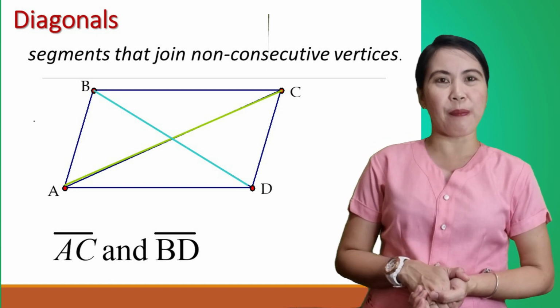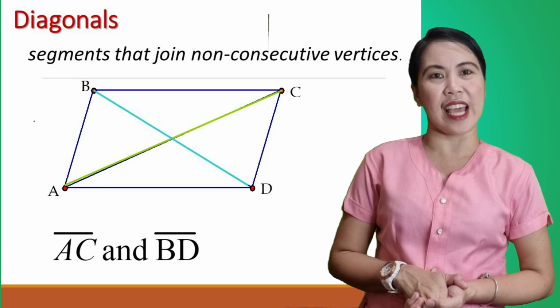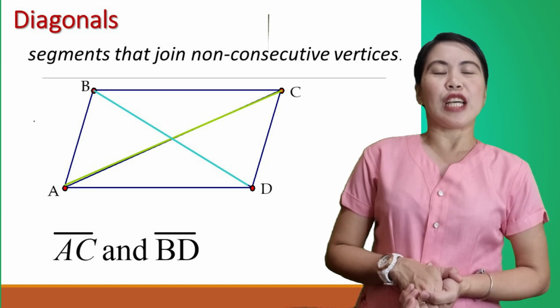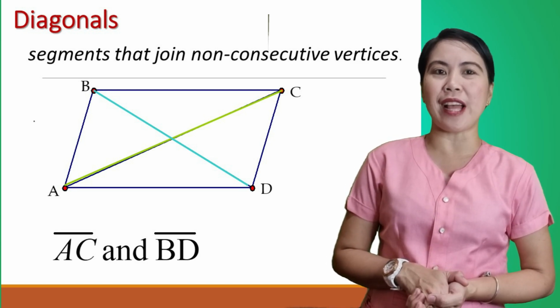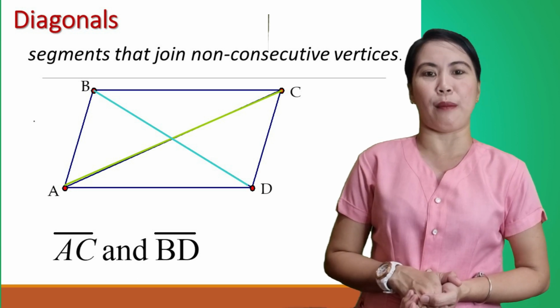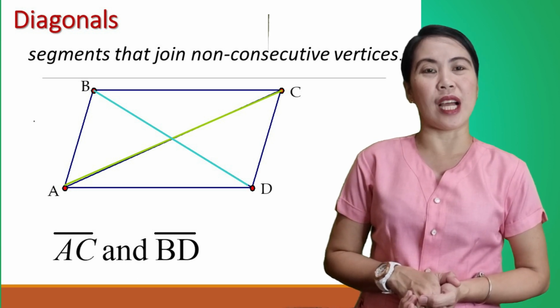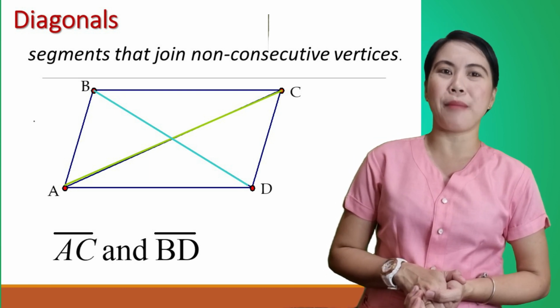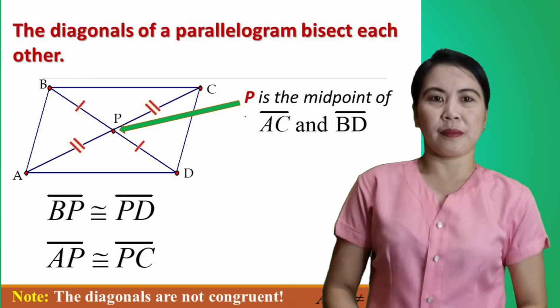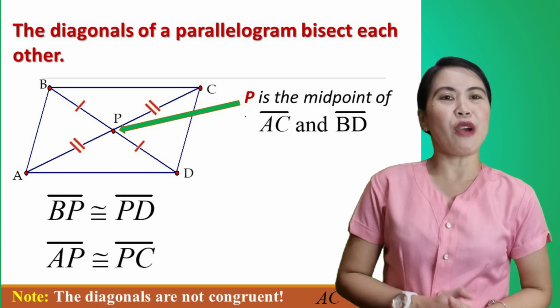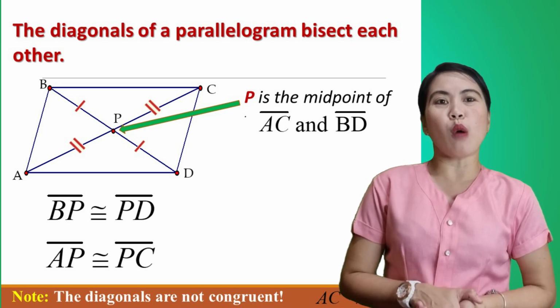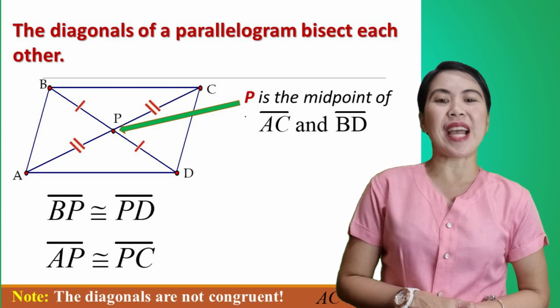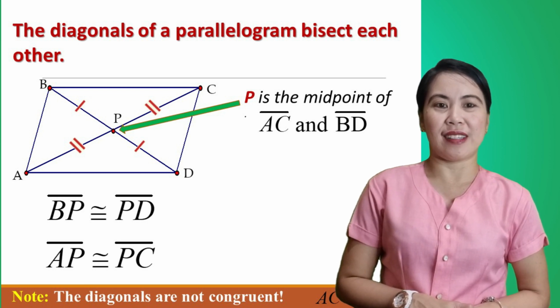So considering parallelogram ABCD again, two diagonals are present in this parallelogram. We have diagonal AC and diagonal BD. If you will notice, class, those two diagonals bisect each other.